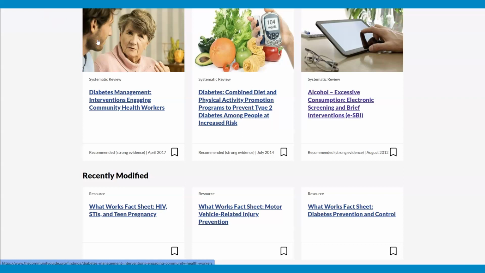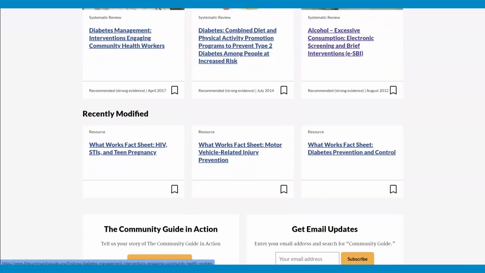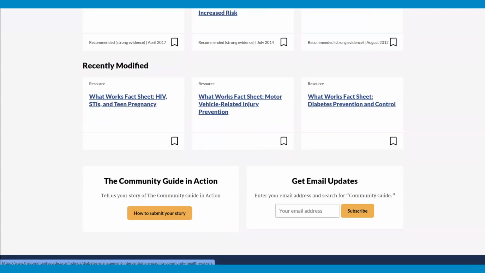Some of these actually have been recently modified. One of these is the fact sheets that have been modified. And then finally, you can submit your own story. Tell us your story.